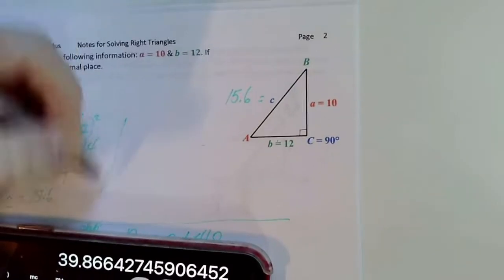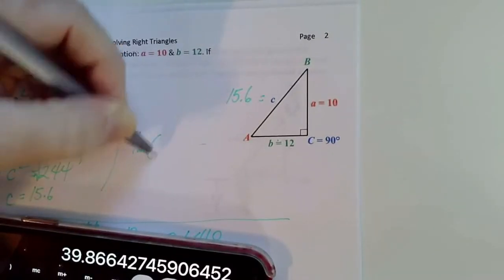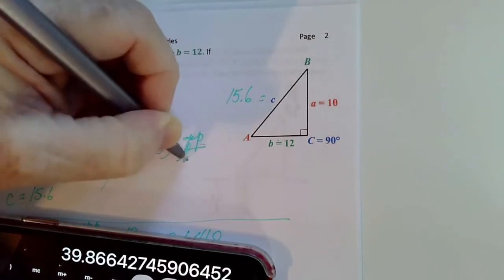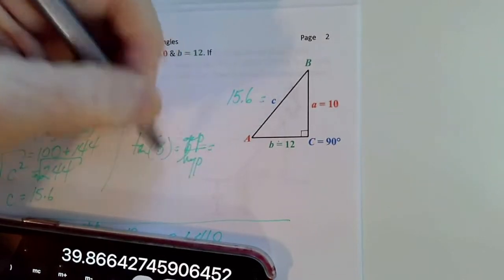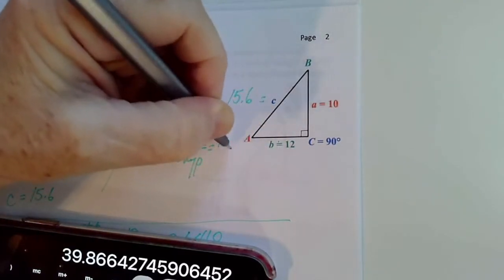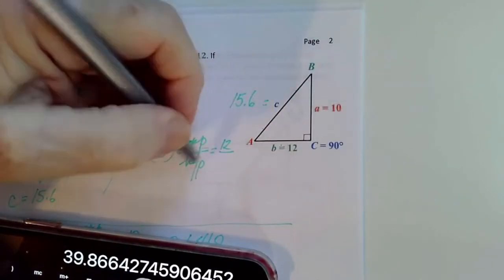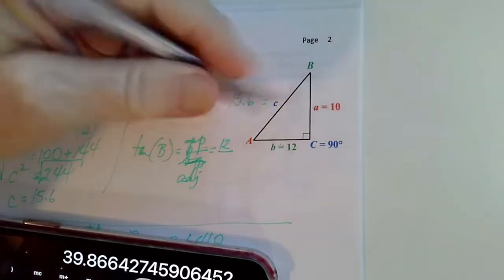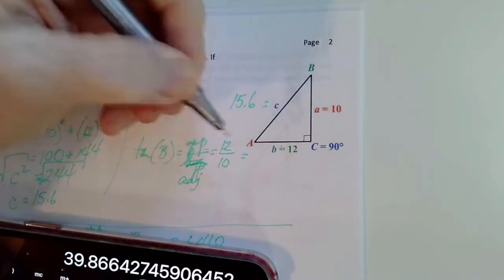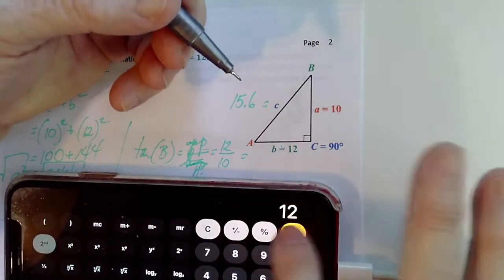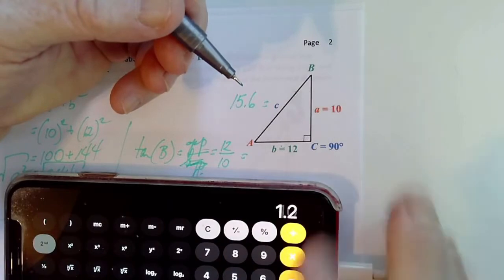So we know that the tangent of B is opposite over adjacent. The opposite of B will be little b, that's 12. The adjacent is 10. And this is kind of easy. 12 divided by 10 is 1.2.